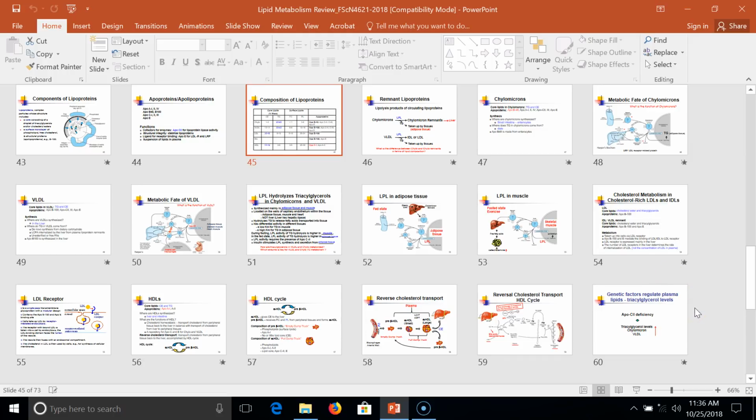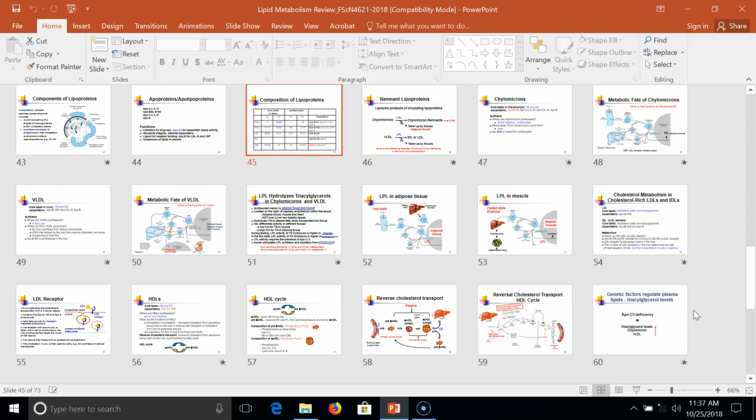So ACAT versus LCAT. ACAT basically catalyzes the reesterification of free cholesterol to cholesterol esters, right? And ACAT is located inside of cells. LCAT catalyzes the same reaction, reesterification of free cholesterol to cholesterol esters, but has a different location. LCAT is present in the circulation, in the plasma.